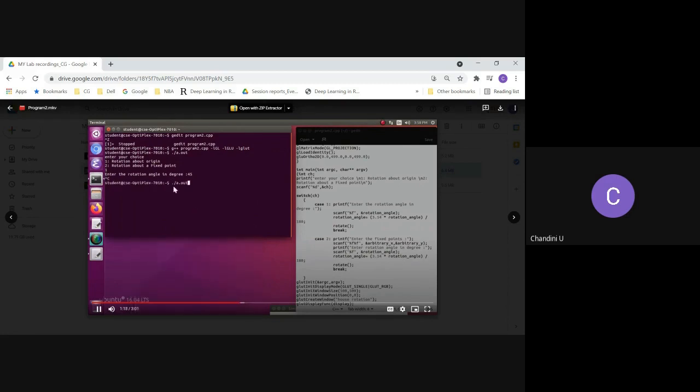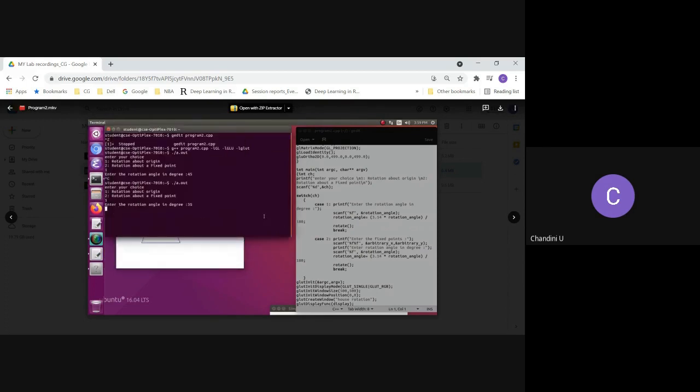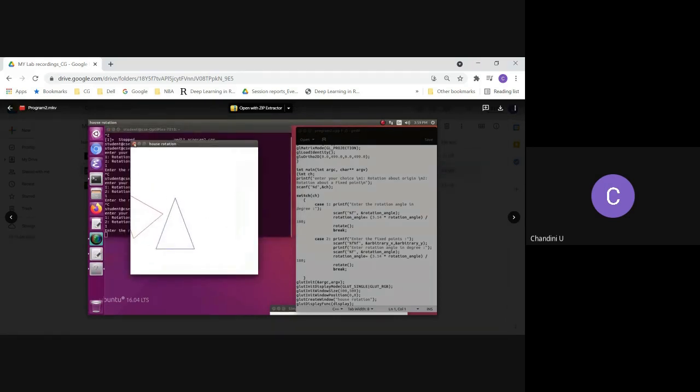That is why the other portion of the triangle has gone that way. Okay, see, same rotation about origin itself. I've given some other angle, say 35. Now let us consider again rotation about origin for another angle, that is 40, I guess.